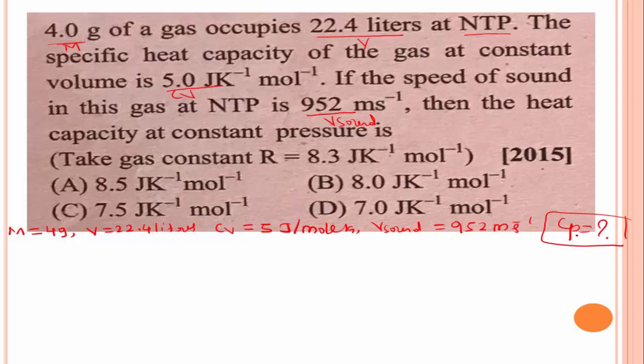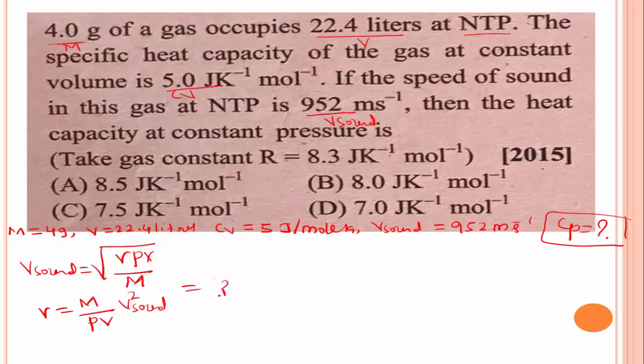Now I am going to calculate the specific heat capacity at constant pressure. We know the formula: velocity of sound, V sound, is equal to root of gamma PV divided by M. Here gamma is equal to M divided by PV into V sound whole square.